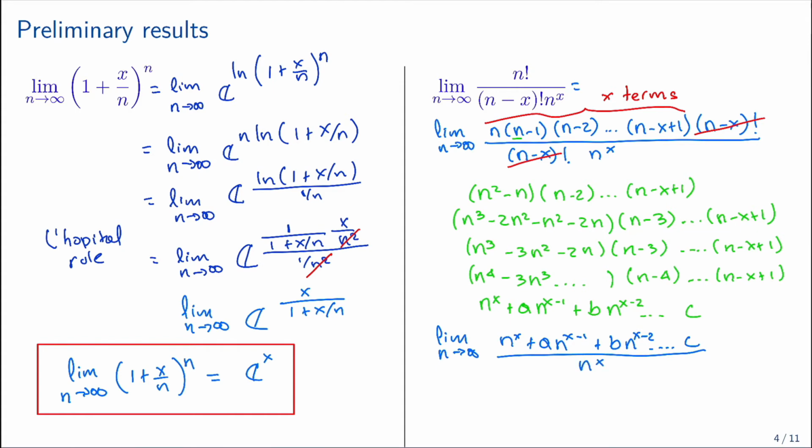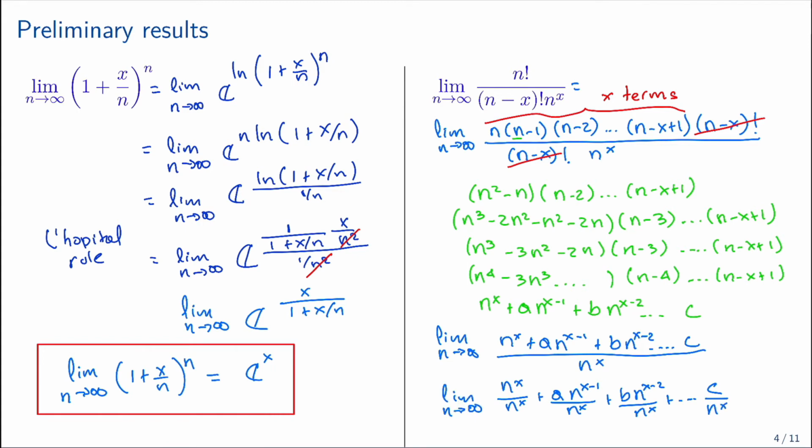Now we can separate all the terms, all of them divided by n to the x. So we have n to the x divided by n to the x plus a multiplied by n to the x minus 1 divided by n to the x plus b multiplied by n to the x minus 2 divided by n to the x plus, and so forth until the last term is c divided by n to the x.